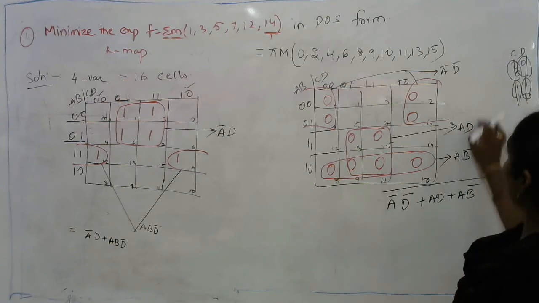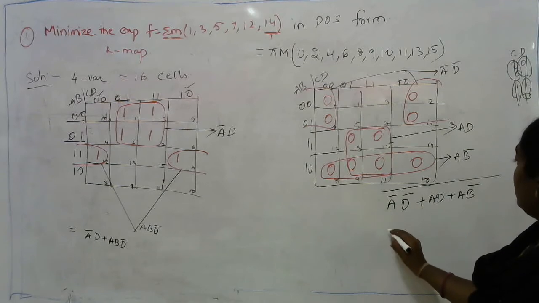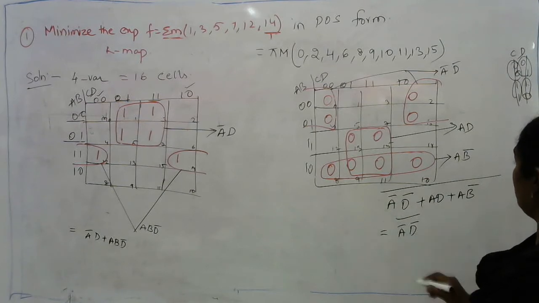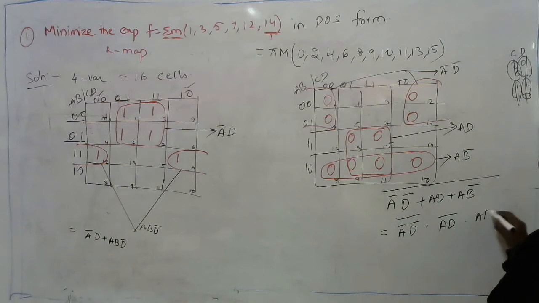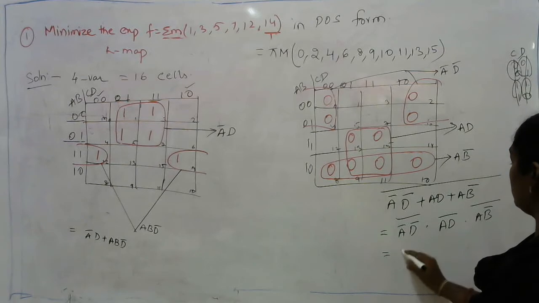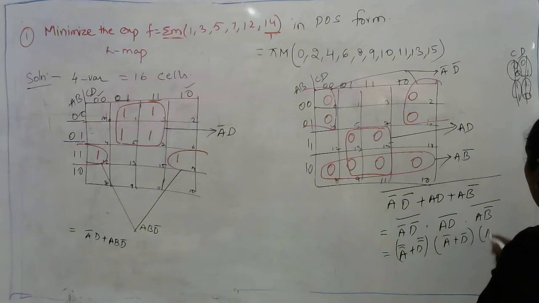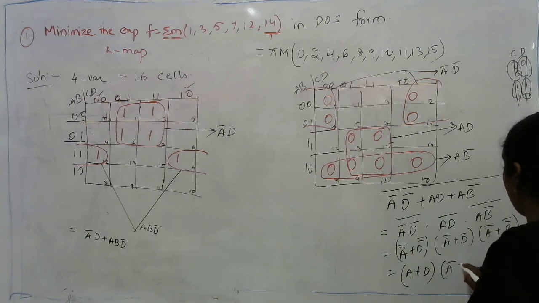Equivalently, A bar D bar whole bar dot AD whole bar dot A B bar whole bar, which is equivalent to A double bar plus D double bar into A bar plus D bar into A bar plus B double bar. So this is A plus D into A bar plus D bar into A bar plus B.